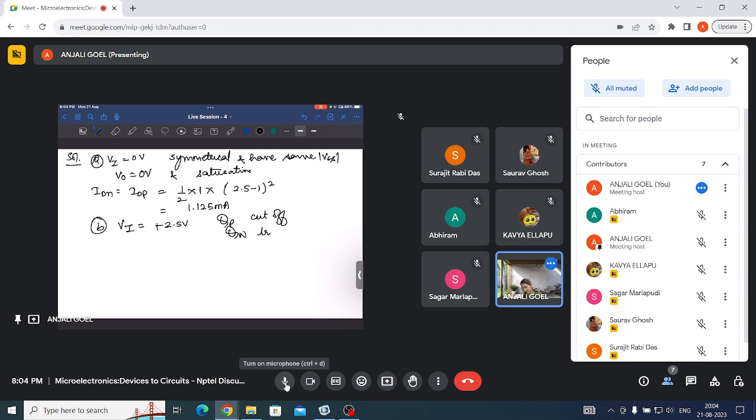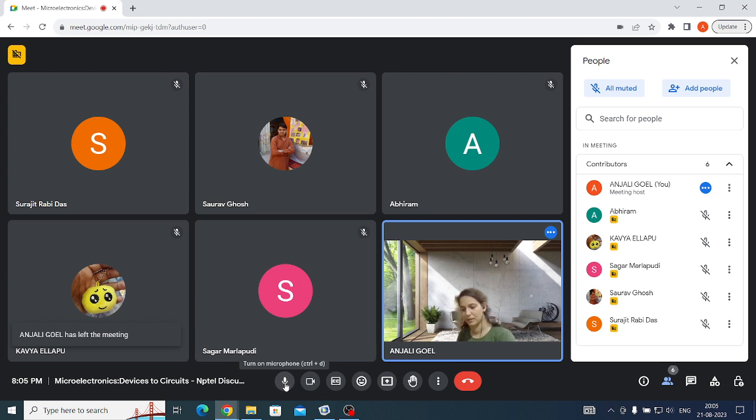So your IDN, Kn dash, so replacing the values, due to internet maybe the screen is getting stuck.